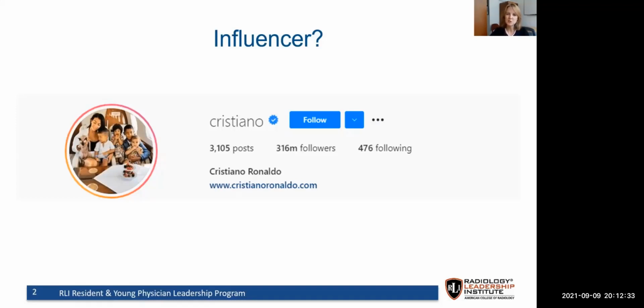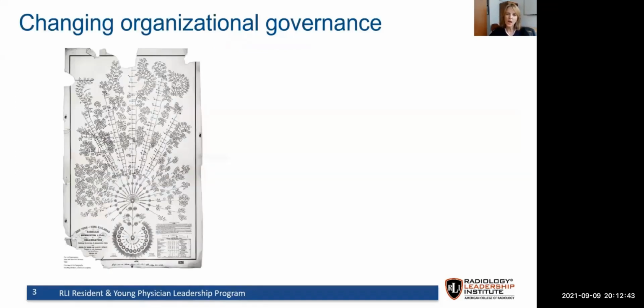But we're not really going to talk about social media. We're really going to talk about influence in the professional sense and what you can do in your organization to build influence. And why are we talking about this? Well, I love this. It might look like a biological drawing. It's actually the organizational chart of the New York and Erie Railroad.